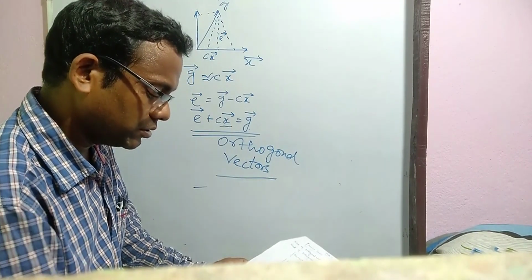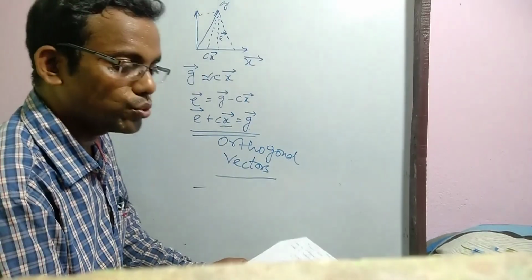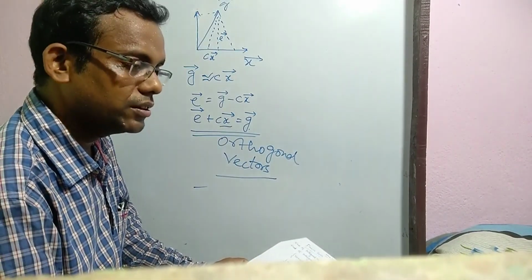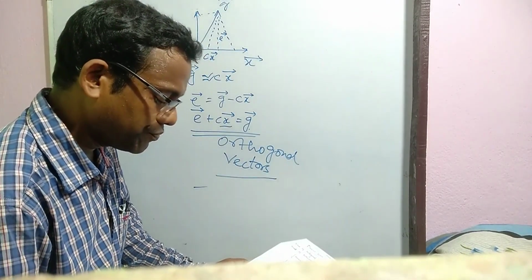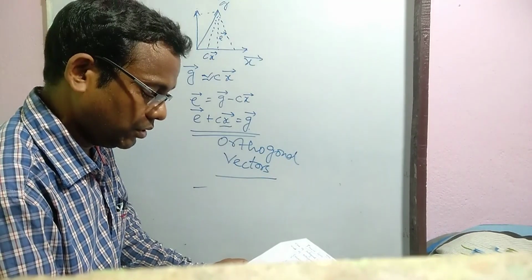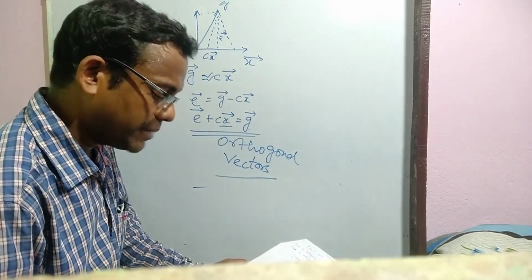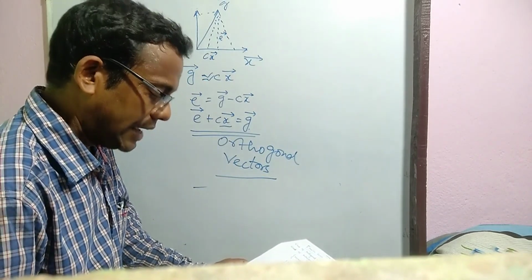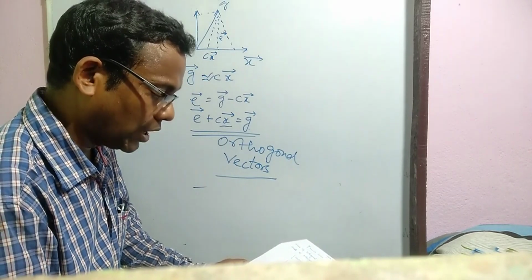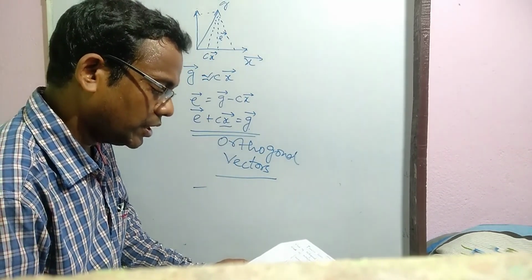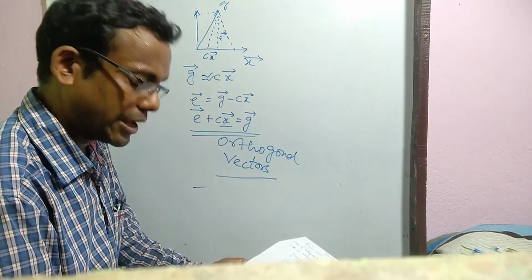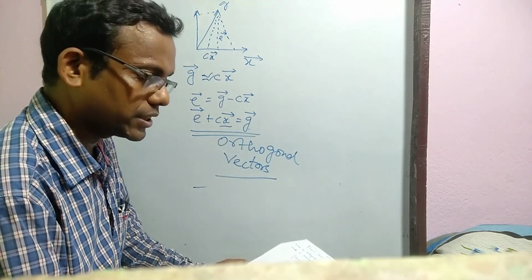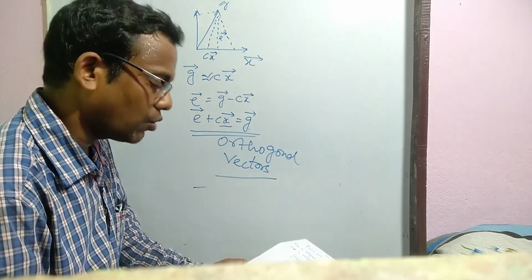If x1(t) and x2(t), we multiply these two signals and take the integration over a time period, if it is 0 for m and n not equal, and for m and n equal, if it is equal to T by 2, where T is the time period, then we will call these two signals orthogonal to each other.